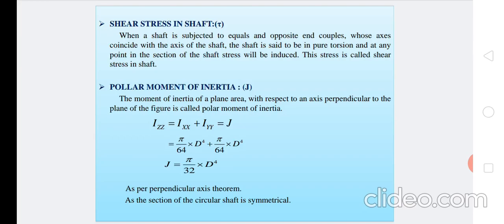So, Ixx equals pi upon 64 d to the power 4, plus Iyy, and as Iyy equals Ixx, it is also pi upon 64 into d to the power 4. So, polar moment of inertia J equals pi by 32 into d to the power 4.